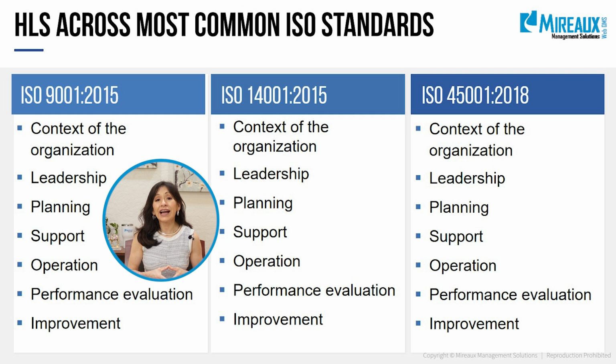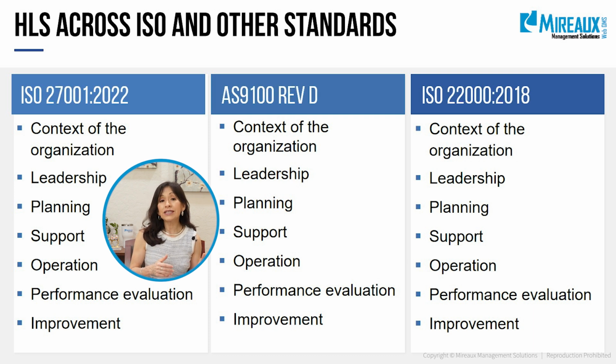These next two slides visually show this high-level structure across several common ISO standards, and even some others that have adopted a similar structure, like ISO 9001 Quality, ISO 14001 Environmental, ISO 45001 Health and Safety, ISO 27001 Information Security, AS 9100 Aerospace, and ISO 22000 Food Safety.